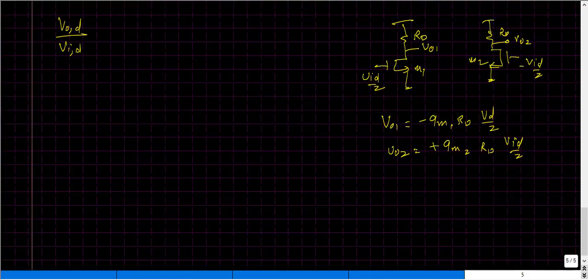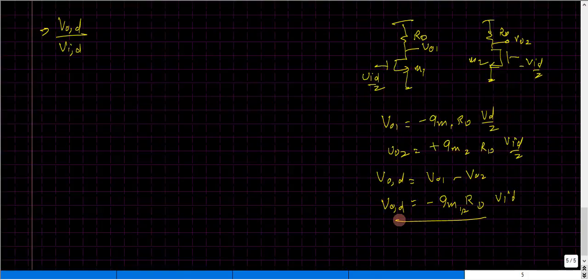Now since this numerator is a differential output, I have to take VOD as the difference between VO1 and VO2. When I combine and do it, I get a final expression of GM1,2, assuming both these GMs are the same, times RD times VID, and this is my VOD expression.